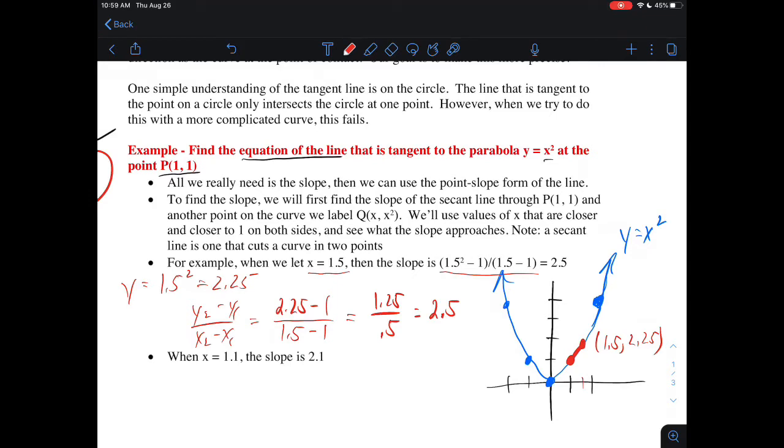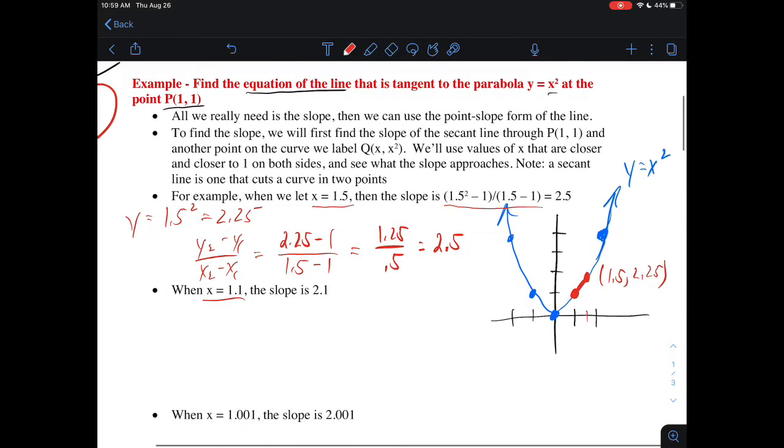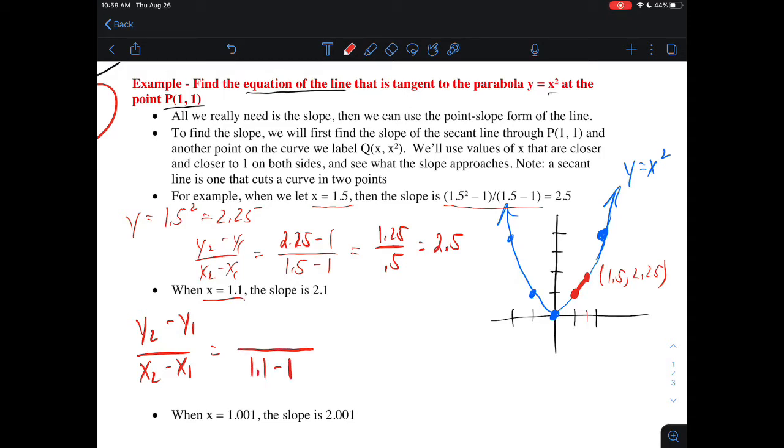So this next value will be when x is equal to 1.1. If we want to find that slope, that would again be y2 minus y1 divided by x2 minus x1. But this time, the x coordinates are 1.1 minus 1.